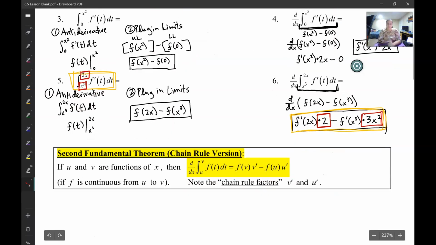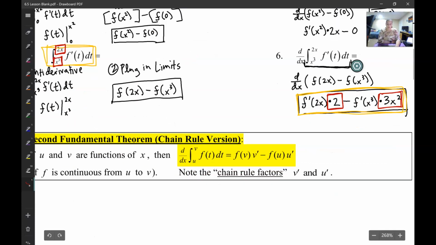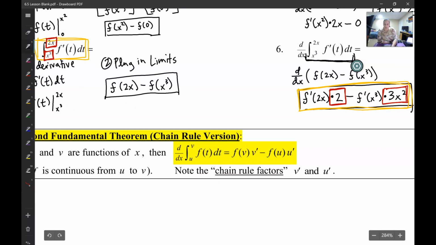This is the second fundamental theorem of calculus. Right here, you're going to want to box, highlight, square, star, circle, all of the above, this.